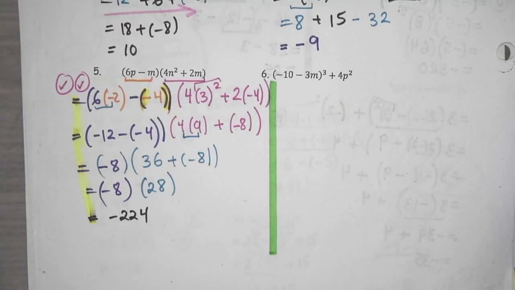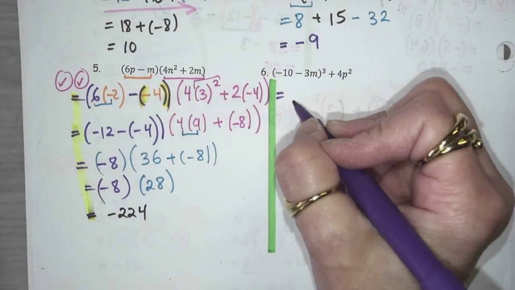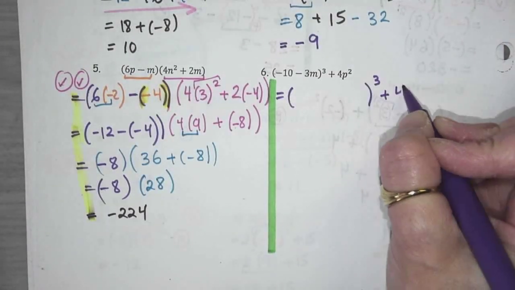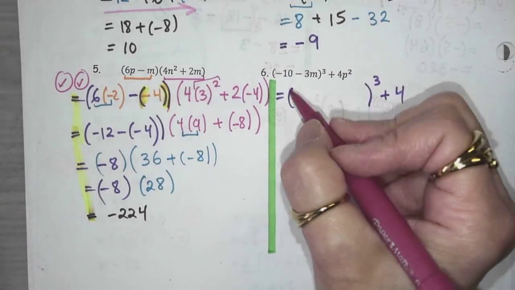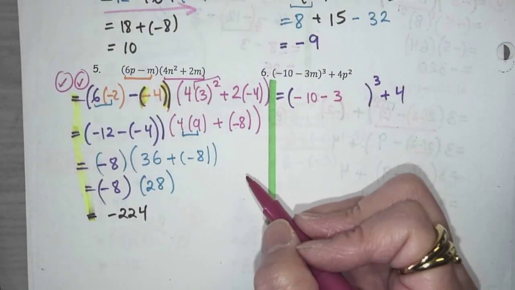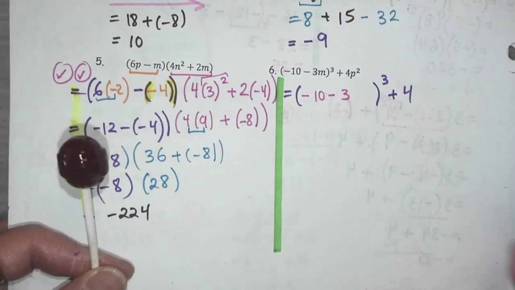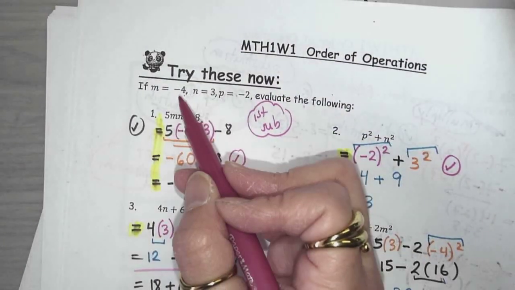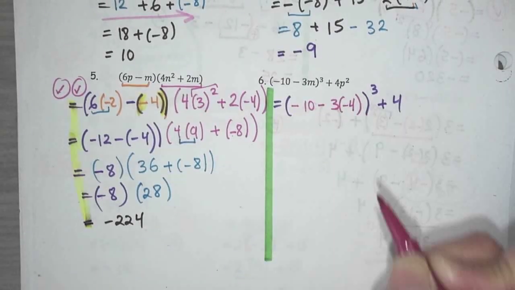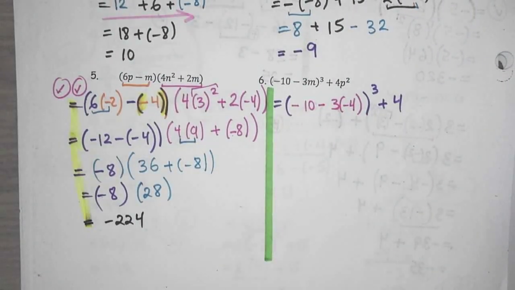We're going to substitute in first. Okay, let's sub it. So this is negative 10 minus 3, and m is, look above, m is negative 4. So we're going to go negative 4, like that. 3 times negative 4.